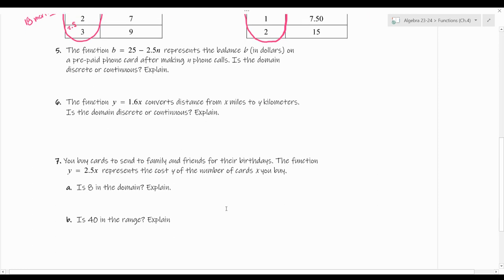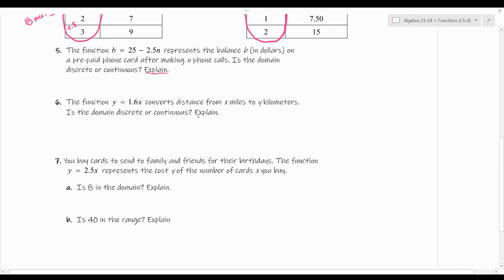Question 5 says, the function b equals 25 minus 2.5n represents the balance b in dollars on a prepaid phone after making n phone calls. Is the domain discrete or continuous? And then it says explain.